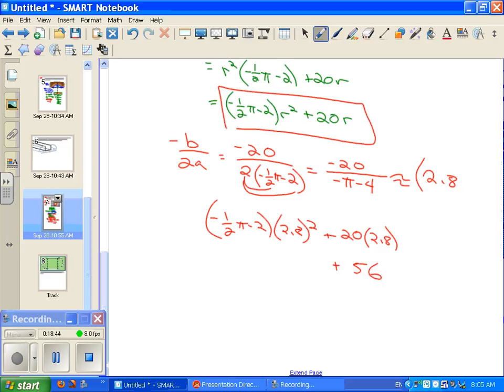This one's 56. This is a 7.84. This is going to give me negative 3.57 times that 7.84.